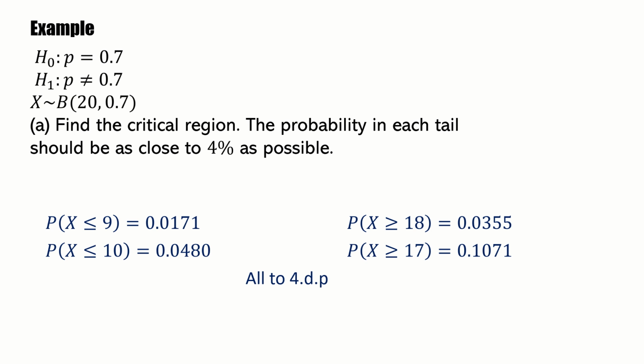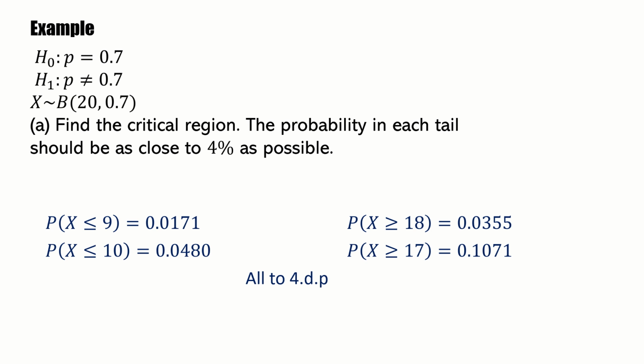You're still going to try and get as close to the threshold as possible without going over, and that's the first one you'll write down. Then you'll also write down the first one that goes over the threshold. As it's a two-tailed test, you do that for both the lower tail and the upper tail. You can see that the less than or equal to calculations are for the lower tail, and the greater than or equal to calculations are for the upper tail.